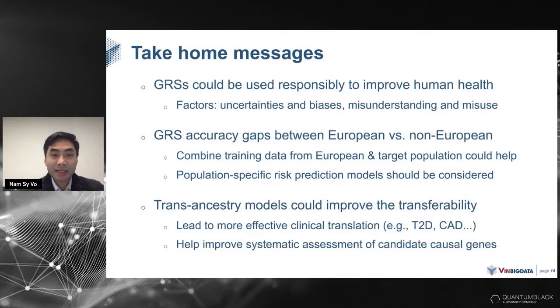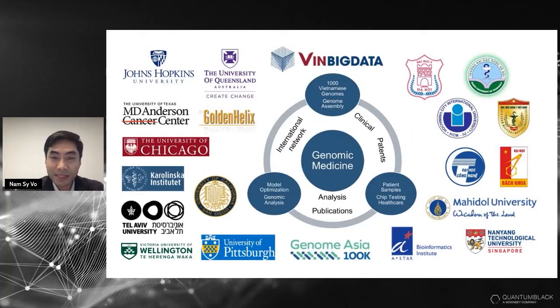Okay, so here is our network of Big Data and some other leading institution and as a leading collaborator to realize genomic medicine in Vietnam. As you can see here, we can leverage the 1000 Vietnamese genome project and the genome assembly project that we are doing here.